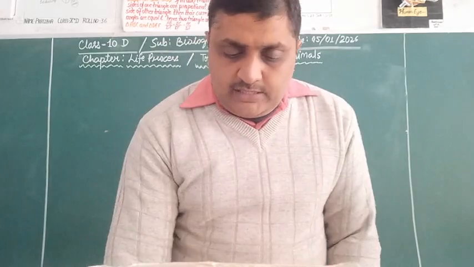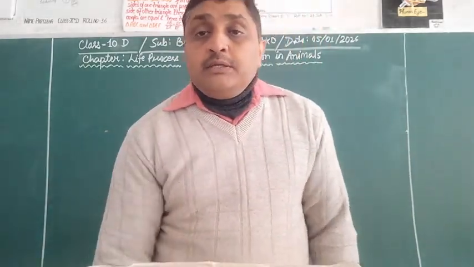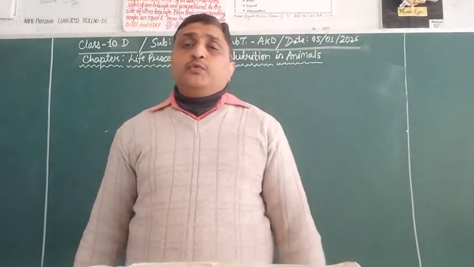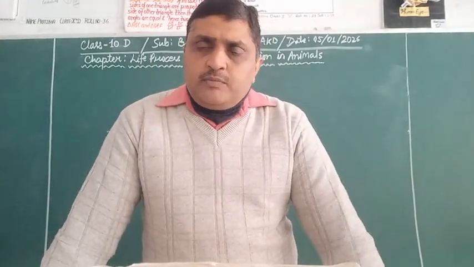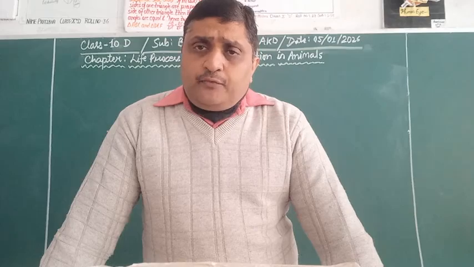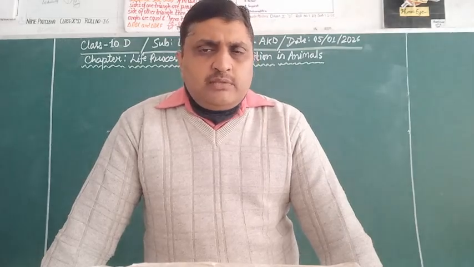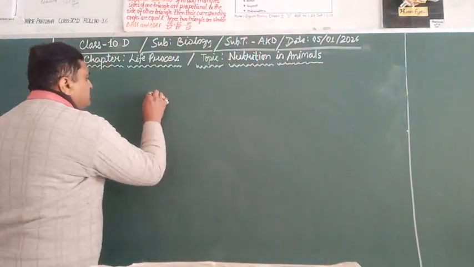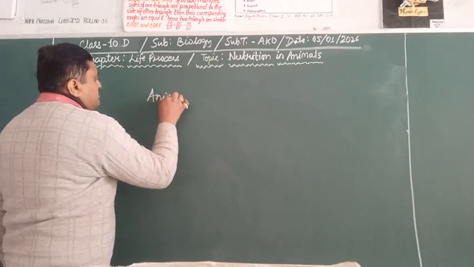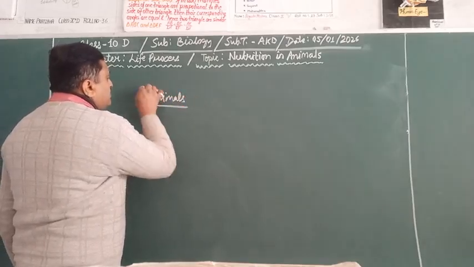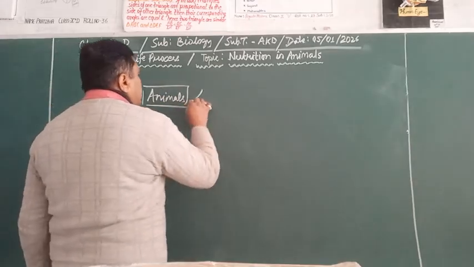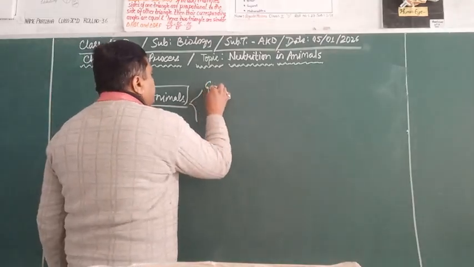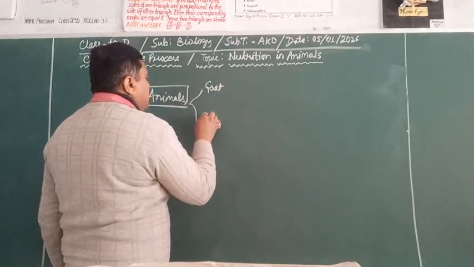In the case of animals, first of all, animals are unable to synthesize their own food material. I have told you, to derive their food material, they depend on another organism like plants or other animals. Among animals, I am taking two examples: one is the goat, another is the lion.